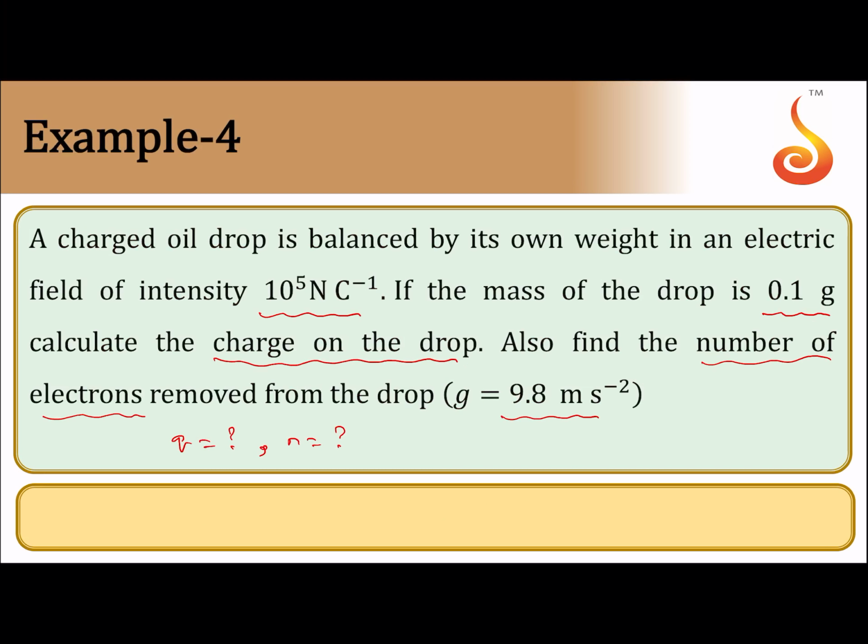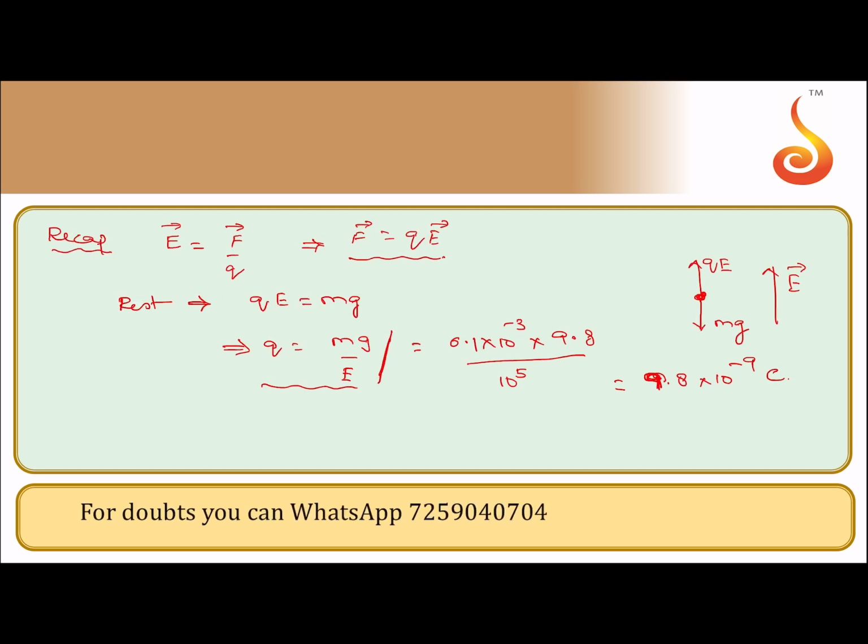That's the first part. The first part was to find the charge on the drop. That we've done. The second part was to find the number of electrons. What's the charge per electron? So the charge on the drop is nothing but the number of electrons times the charge per electron, which implies the number of electrons is Q by e. Substitute the value: 9.8 into 10 power minus 9 divided by 1.6 into 10 to the power minus 19.